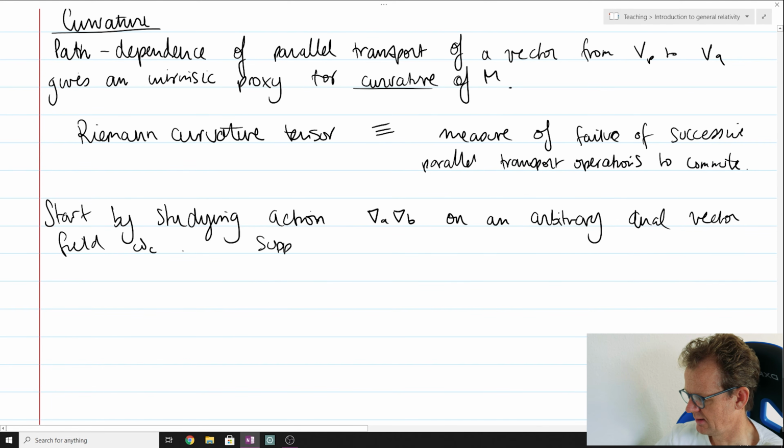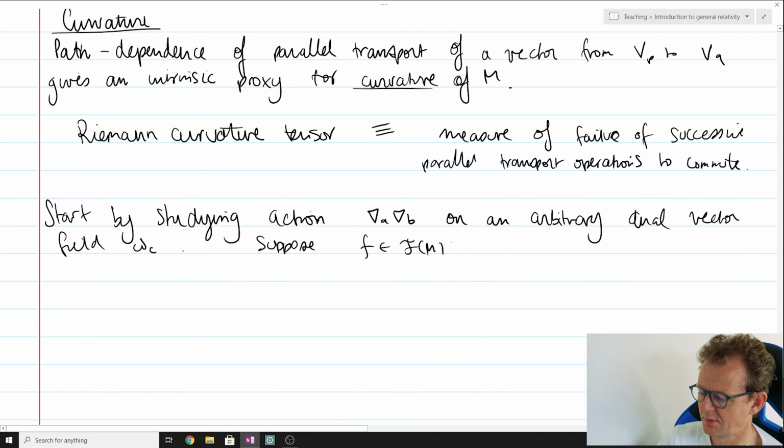And to bring out the conclusions the quickest, we're going to suppose we additionally have an arbitrary smooth function f. So you really got to think of delta A, delta B as kind of being two infinitesimal parallel transports.